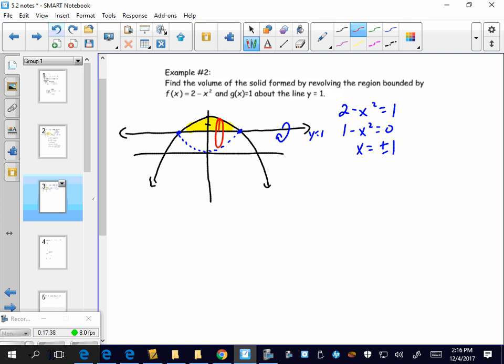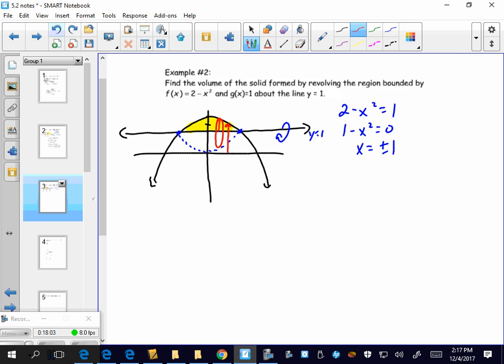So we need to actually determine what the radius is. Well, the radius does not come from the x-axis in this case. The radius comes from the line y equals 1. The function, however, is measured from the x-axis all the way up to here. That's the function. That is the 2 minus x squared function.